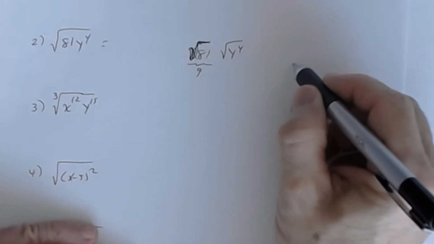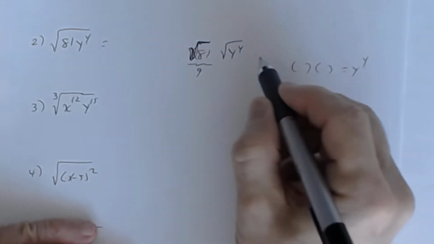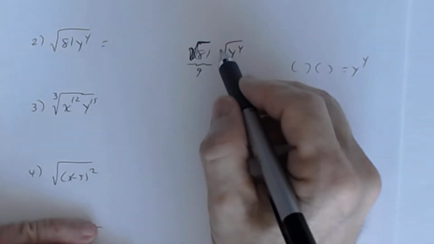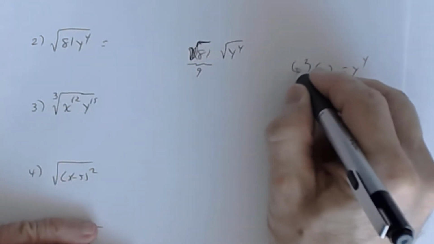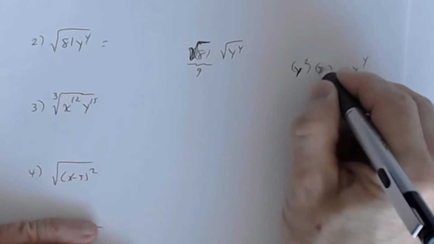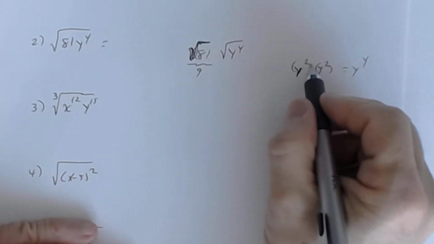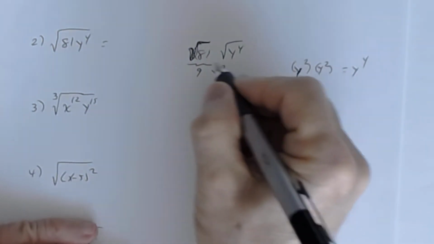So you ask yourself, what times itself twice is y to the fourth? Well, 4 divided, and remember there's no number there, it's understood to be a 2, hence the idea of square root. So 4 divided by 2 is 2, so the answer should be y squared, right? And it is, because y squared times y squared, when you multiply like bases, you add exponents, 2 plus 2 is 4. So this becomes 9y squared.